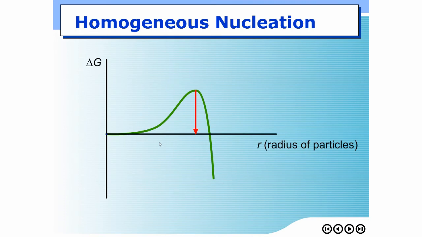On the other hand, if the particles formed by precipitation become larger than this value, then the energy of the whole system becomes negative. The process is spontaneous.